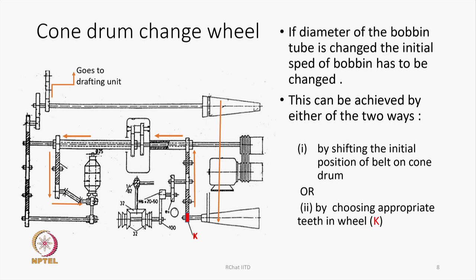Now, if we look at the wheel K, what is wheel K going to do? Wheel K is feeding motion through this set of gears to the differential gear, and also motion is going from this side to the bobbin rail. So, the gear K will affect the speed.